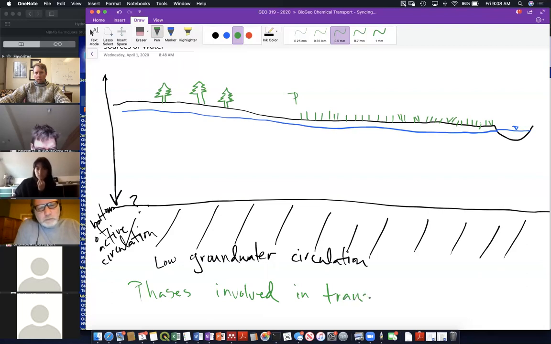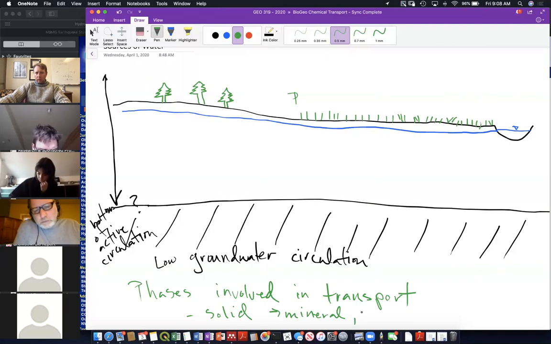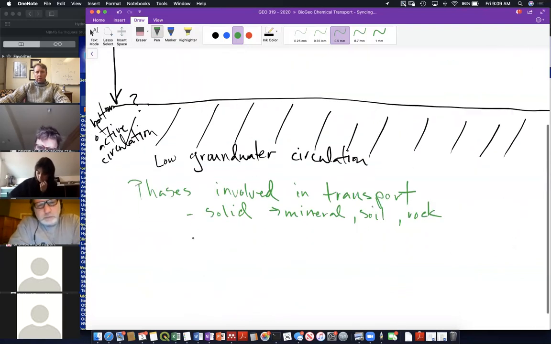And okay, so we could have solid. All right, so that's like mineral, soil, rock. Mineral deposition, soil. All right, and then we've got aqueous. All right, so that's dissolved in water.